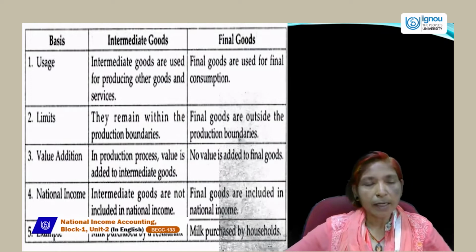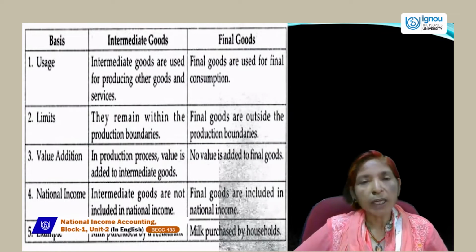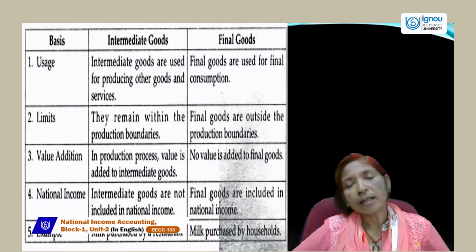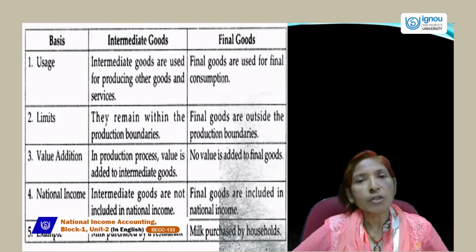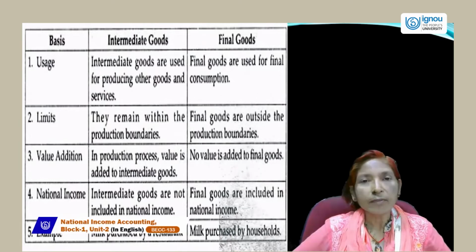It is clear by the name that intermediate goods are used as raw material for making goods and services, and final goods are those goods which can be used directly or are ready for use by the consumer. So, final goods are used for final consumption. Intermediate goods remain within the production boundaries, but final goods are outside the production boundaries.